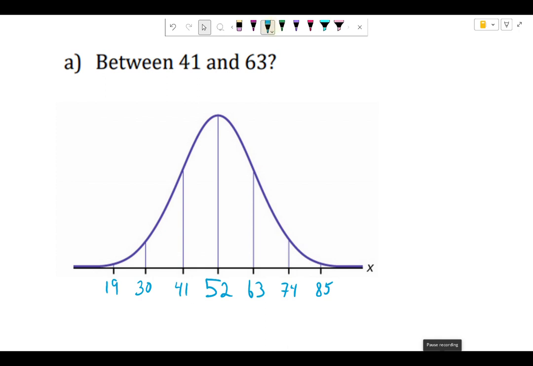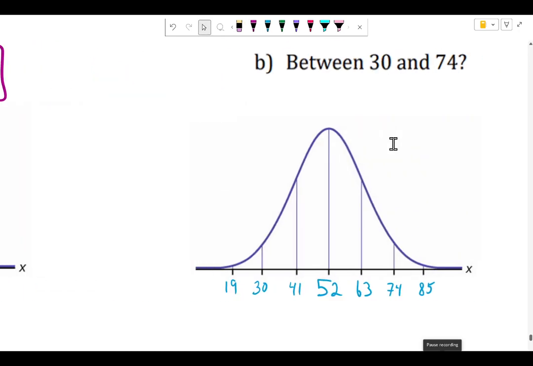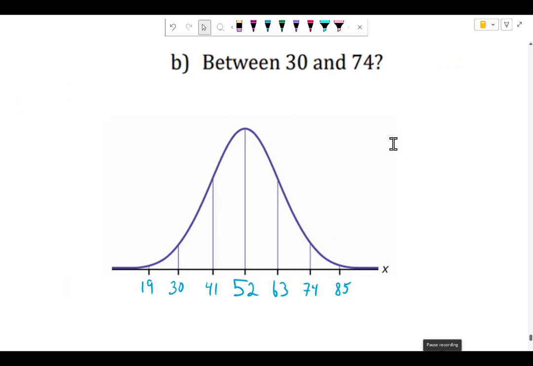We want to find the percentage of values that are between 41 and 63. Since I'm looking for the values between 41 and 63, I'm looking for all of the values in this region, and 68% of the data values are within one standard deviation of the mean. Part B says between 30 and 74.